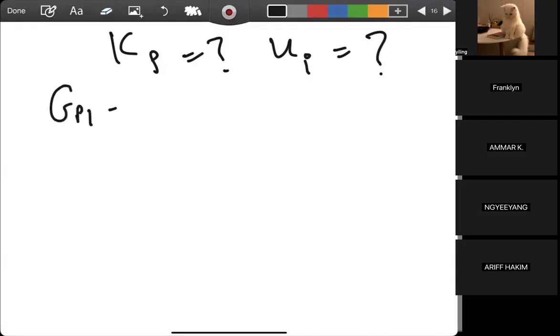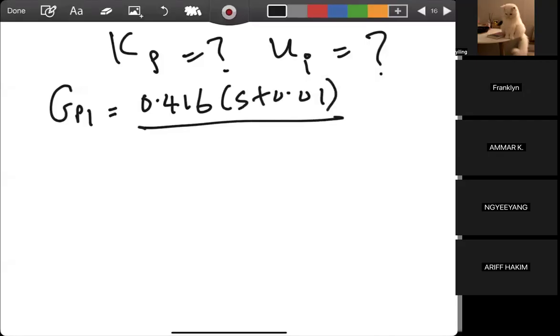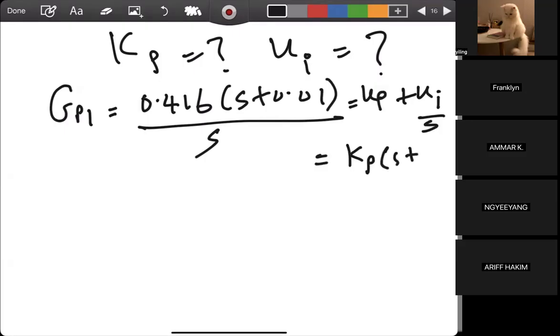So we start with GPI standard form over S. And this is known as Kp plus Ki over S, and can be factorized as Kp times S plus Ki over Kp, over S.